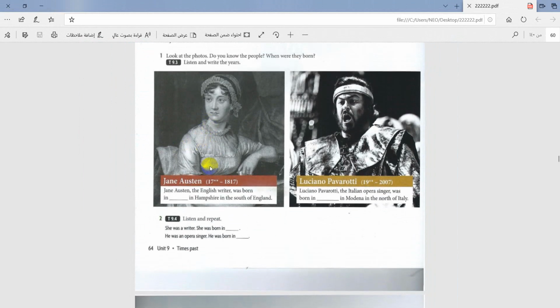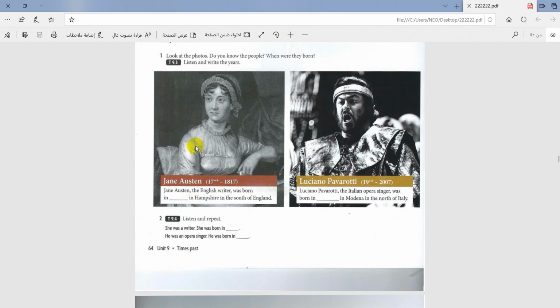Jane Austen, 17, 18. Jane Austen, one of the greatest writers in English history. كاتبة عظيمة جدا جدا Jane Austen.